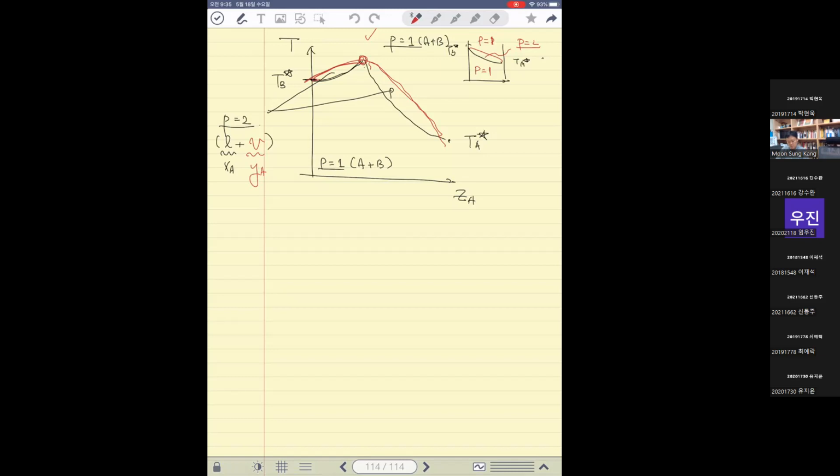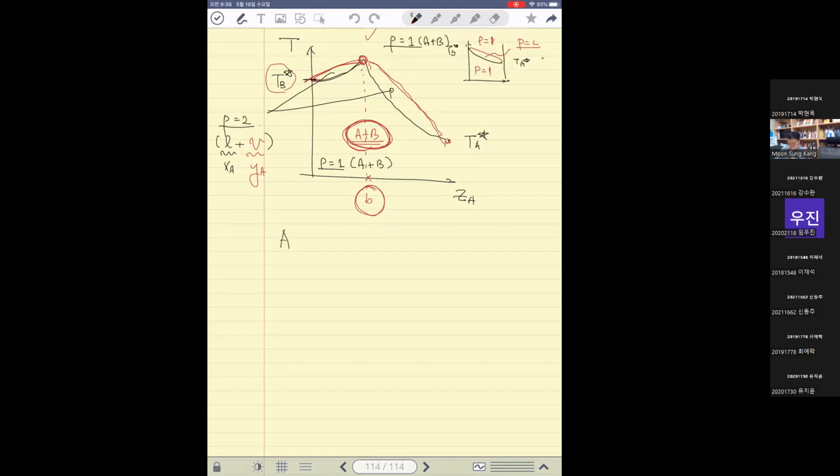And what's really interesting about this mixture is that if I start from this composition here, let's say this composition is B, so I have this mixture of A plus B liquid, and let's say I try to boil my mixture. Usually, you would expect that the boiling point of my mixture is between the boiling point of A and B. Let me write an example here.